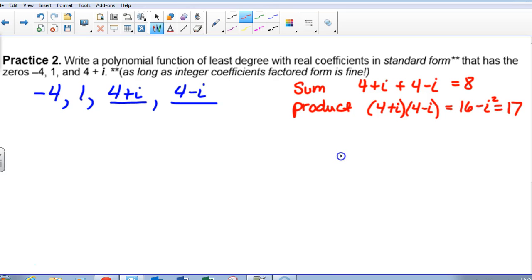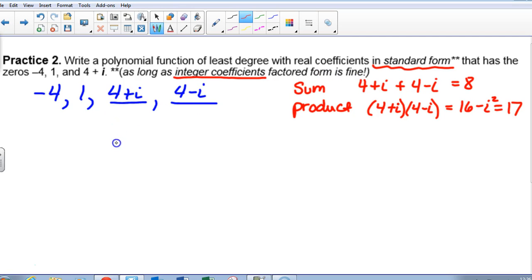It says write a polynomial function of least degree with real coefficients. The book will say in standard form. The little stars are from Hofbauer. They say as long as you have integer coefficients, meaning you can't have i's or square roots, then factored form is fine with me.